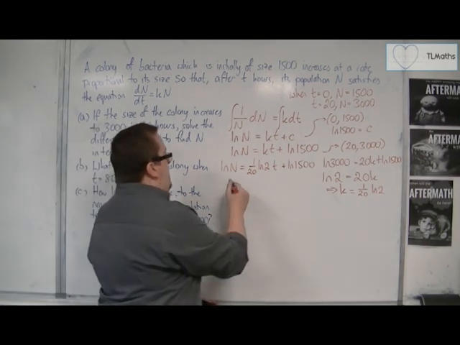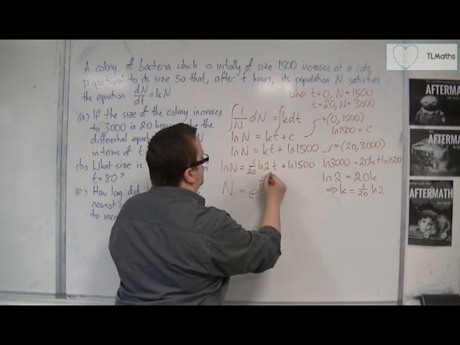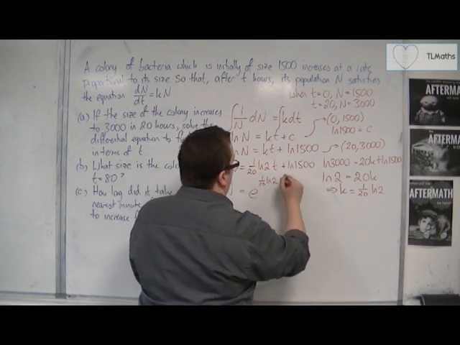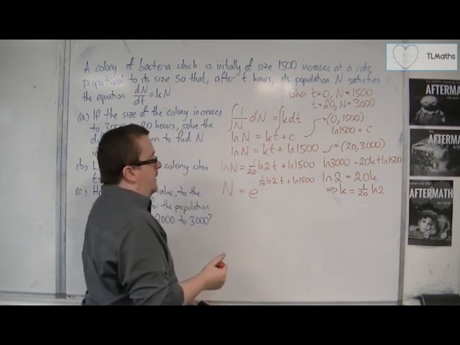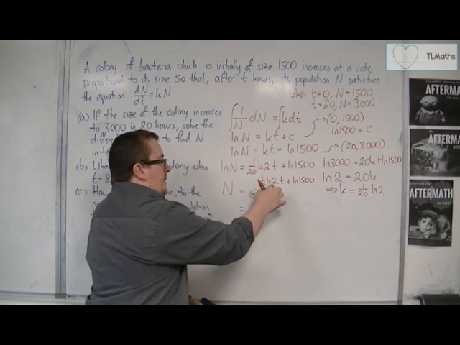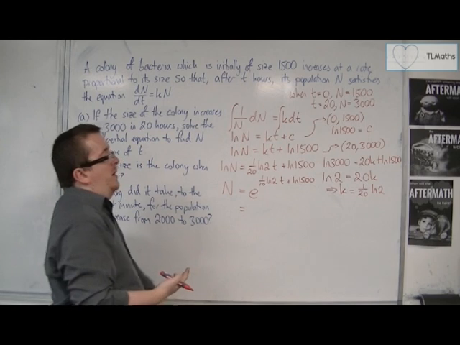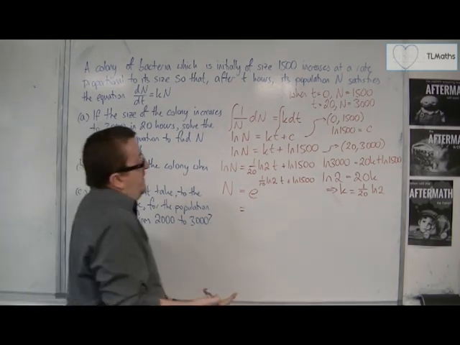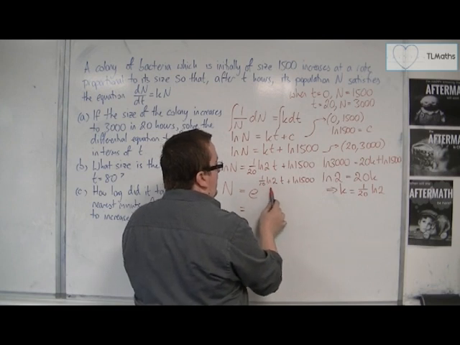So I want to e both sides. Now, 1 over 20 log 2 isn't a particularly nice value to work with, but there's not much I can do about it without turning it into a decimal. So I'm going to leave it as it is.